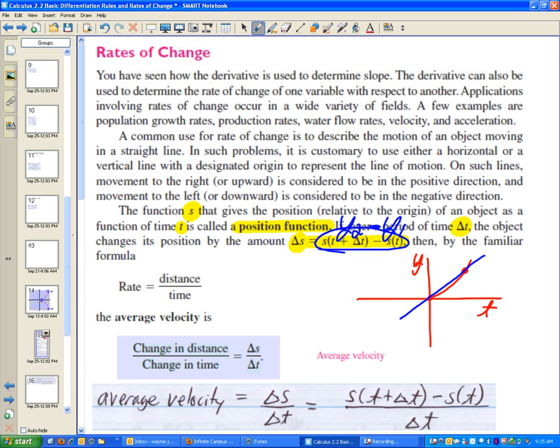Now, if we were going to find the slope of that blue line, that secant line, wouldn't we have that as our denominator? And since it's time, maybe instead of x's, I should put t2 minus t1. You following me?